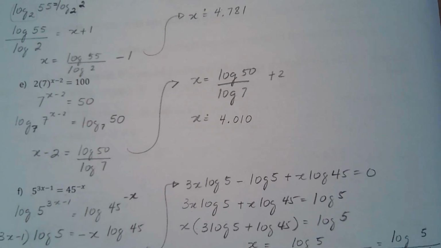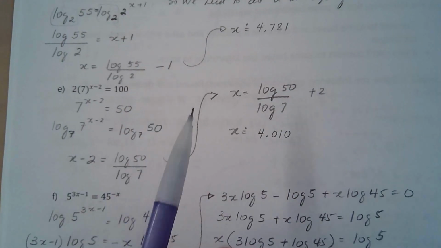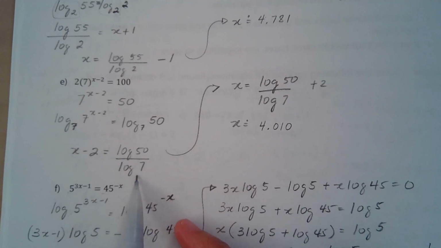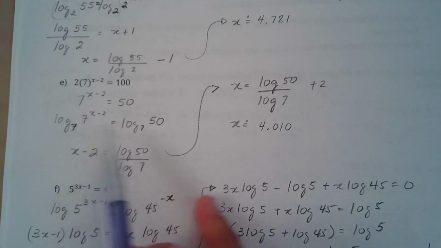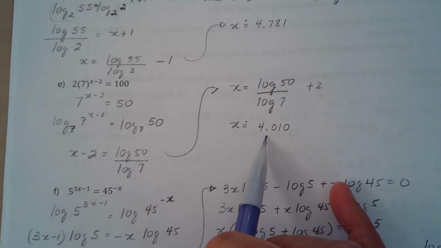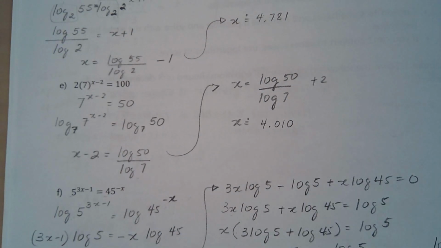I have 2 different ways. I don't know why that one is not working for me. This is my original notes. That's what I wrote. Did you do a change of base? It should work that way too. You got 4.01. And I'm trying a different way. Different base?